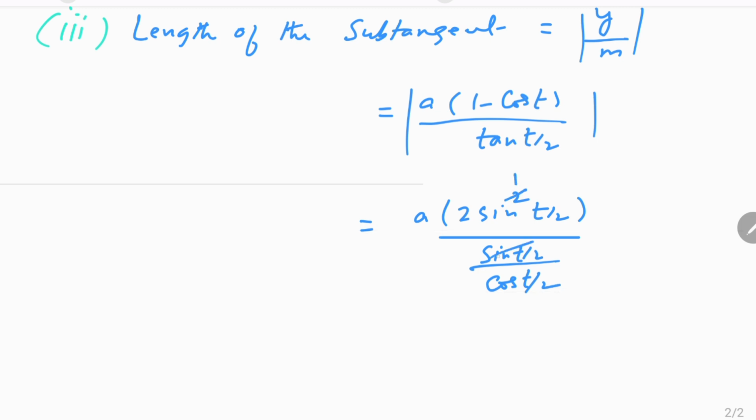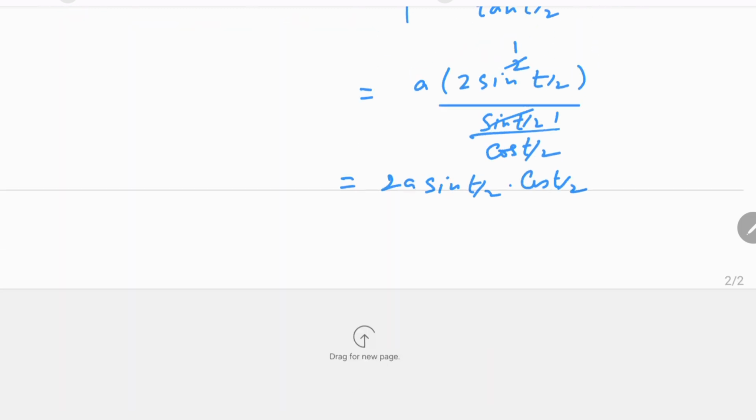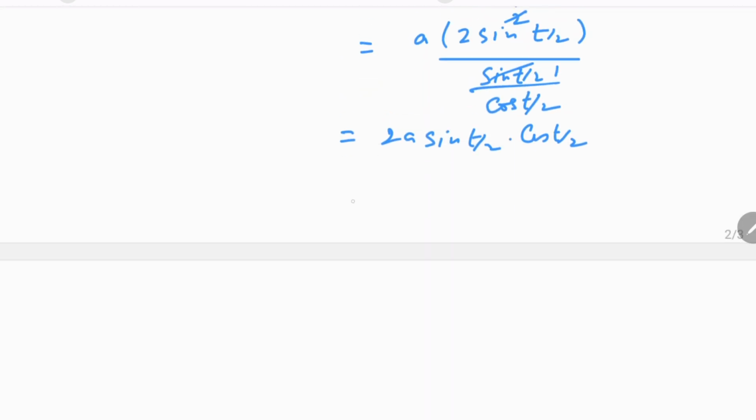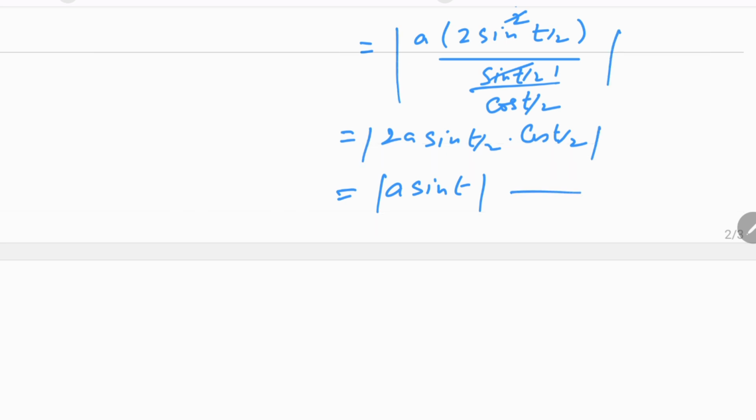Simplify it and get the final answer. It can be written as 2a sin t/2 cos t/2, and 2 sin t/2 cos t/2 can be written as sin t only. Therefore, the answer is a sin t. This is the length of the subtangent. Third answer we got.